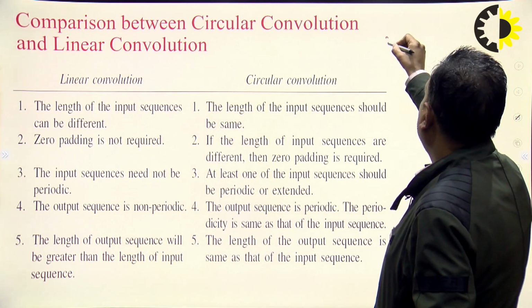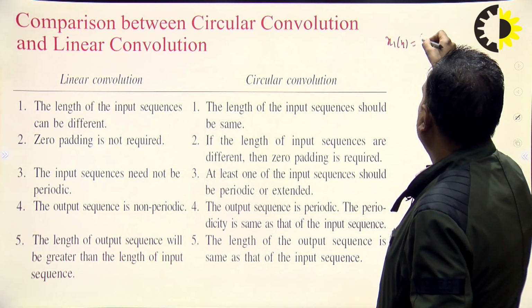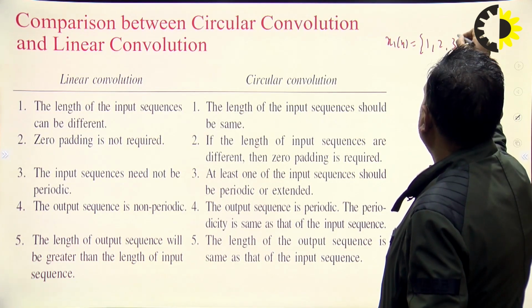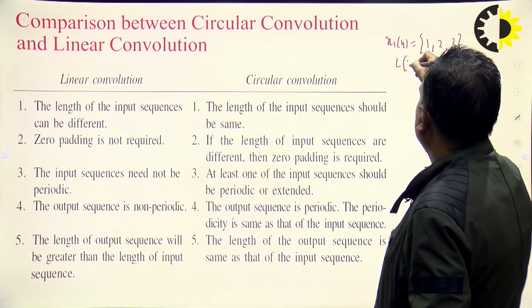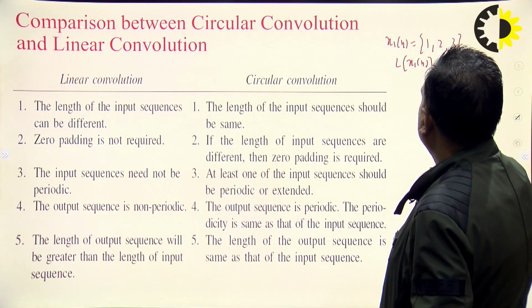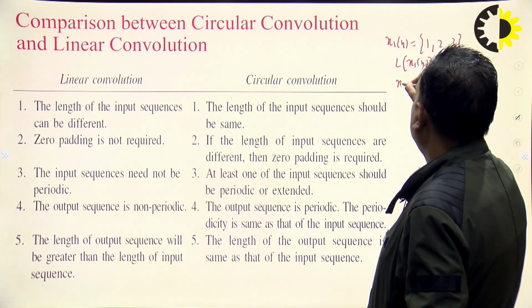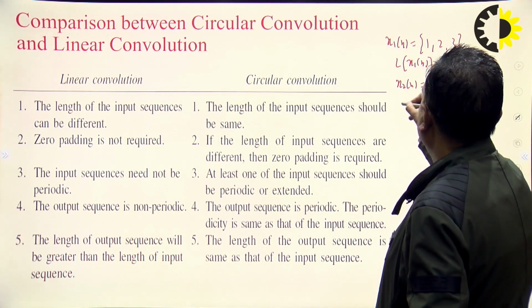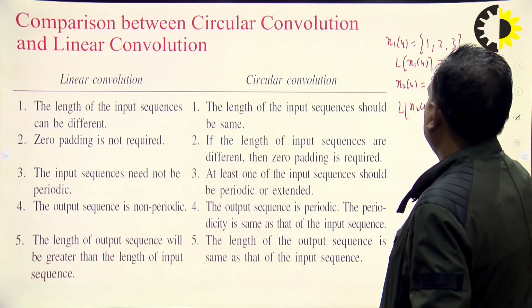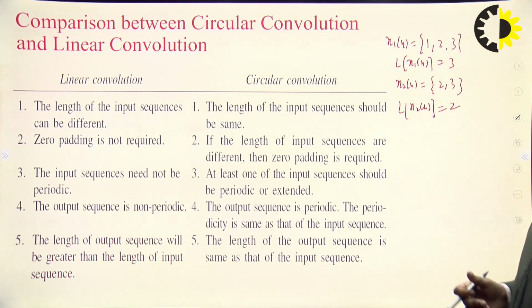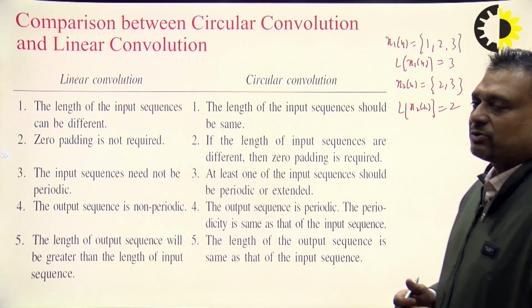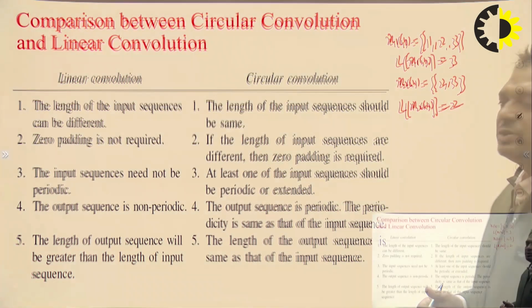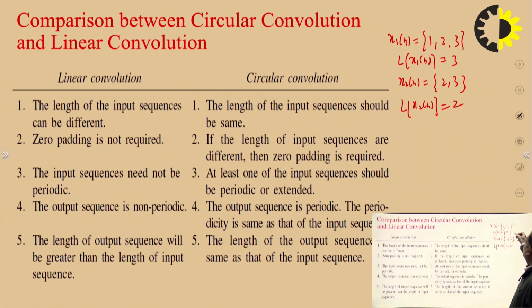One is x1[n] equals 1, 2, 3, so its length is 3. Another sequence is 2, 3, so the length of x2[n] is 2. Here, we can find the linear convolution between these two sequences.